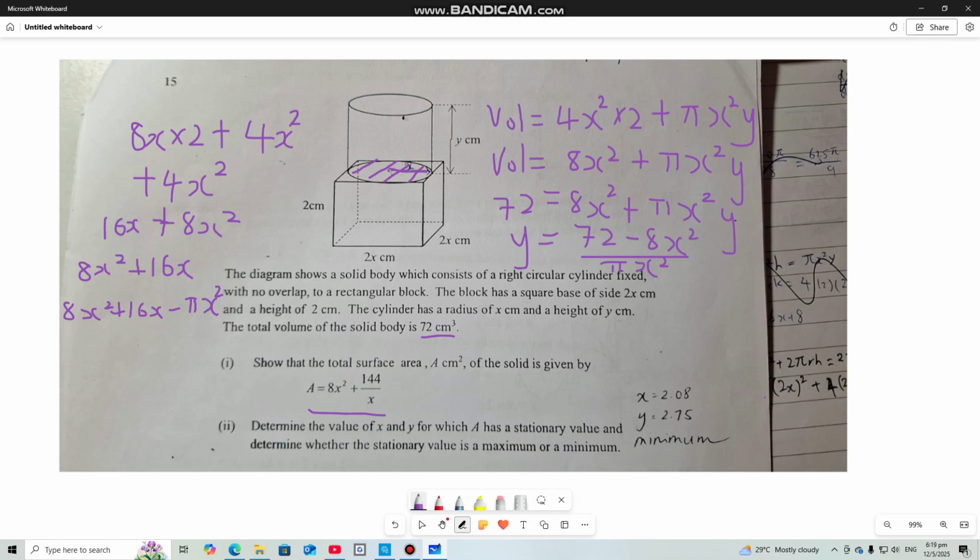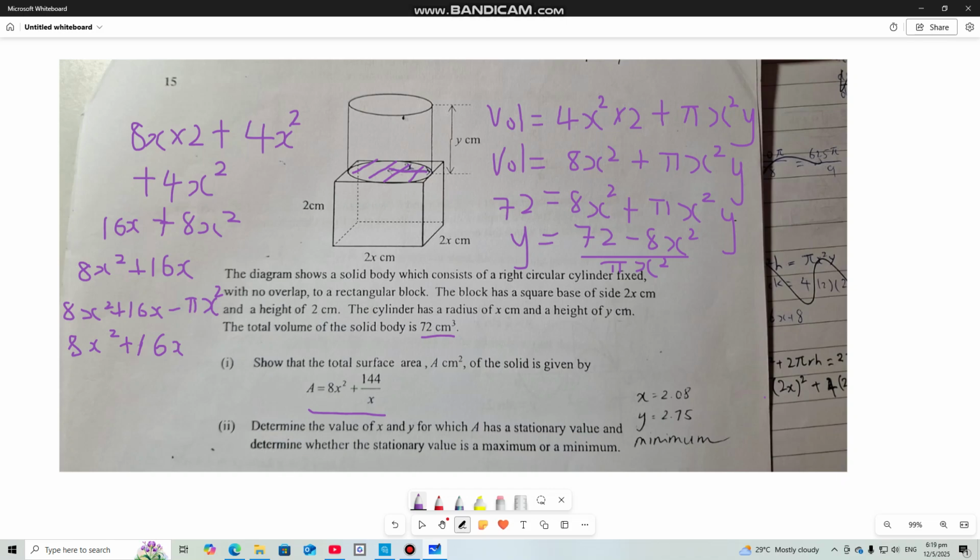Now assuming that it is fully covered, then I will have to add back the pi x squared, so which is actually just 8x squared plus 16x. Now I'm not too sure whether it is actually open, but I assume that it is enclosed. So now we have this. So that will be 16x.